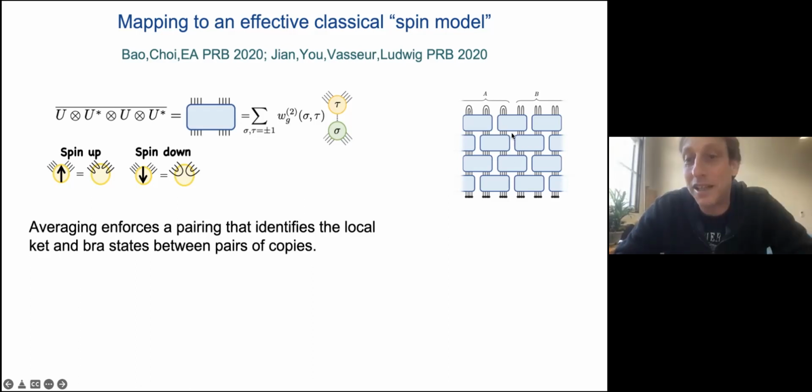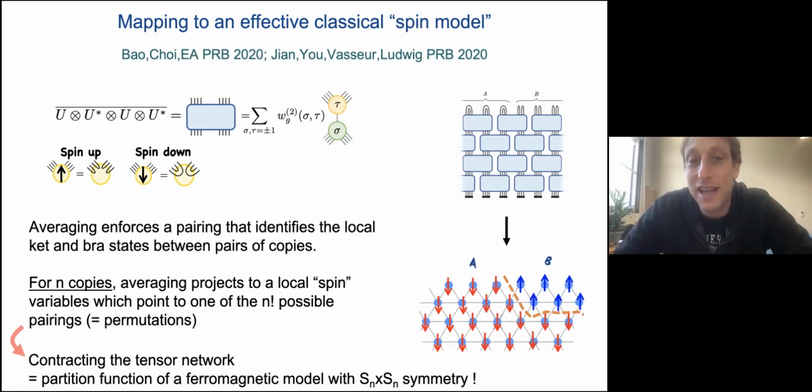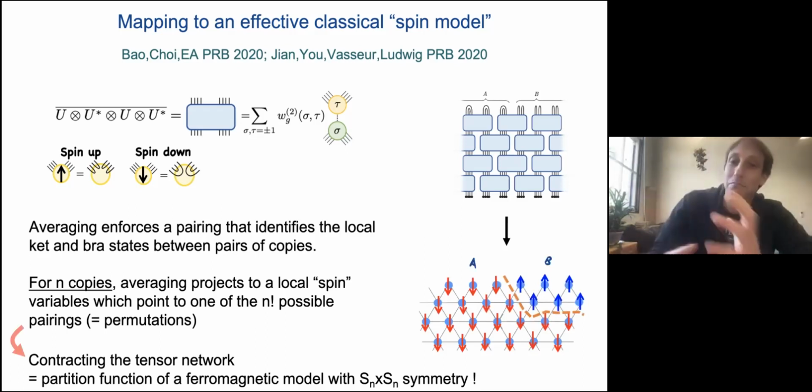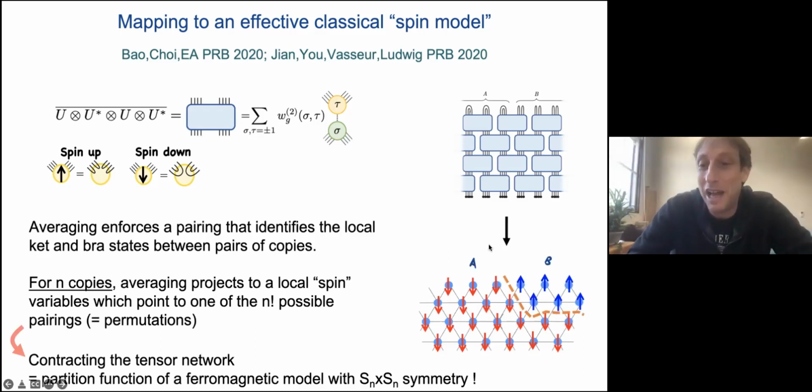And it turns out that these different configurations have different weights that behave like the weights of a ferromagnetic Ising model in this special case of 2 copies. Okay, so we have Ising.